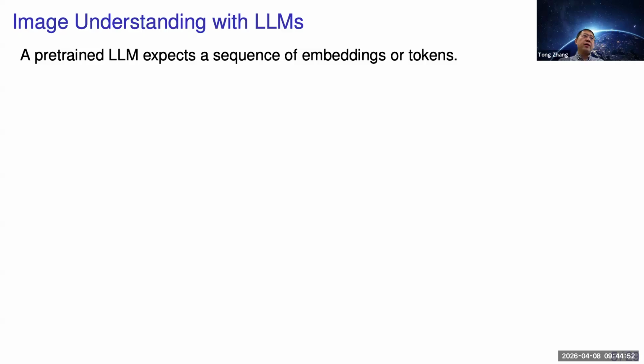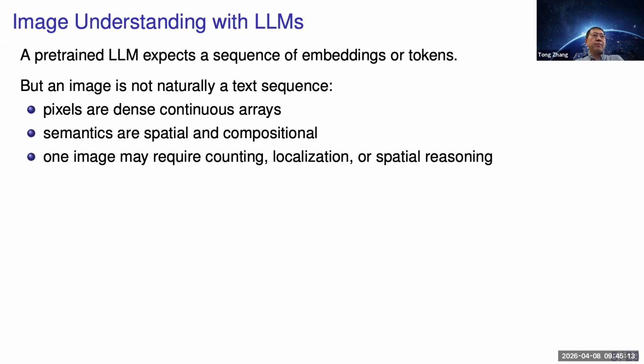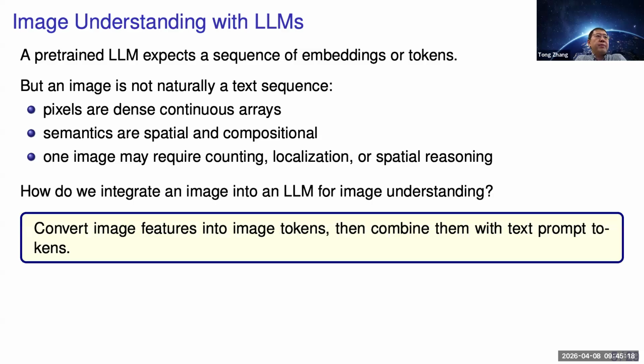Okay, so this is the key that they are utilizing in this VLM. You can take embeddings or tokens. But an image is not naturally a text sequence, though it can generate embeddings, right? Pixels are dense, semantics are spatial, and one image may contain many different things. How could we integrate images for understanding? The key part is that you convert image features into image tokens, continuous tokens, and combine them with the text prompt.